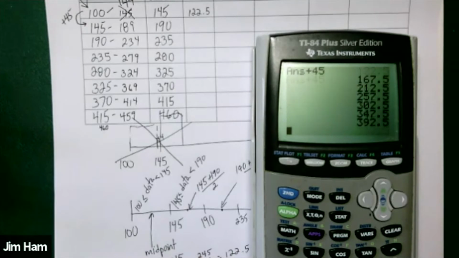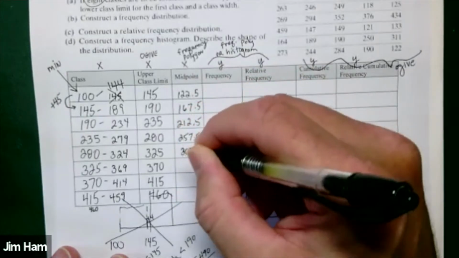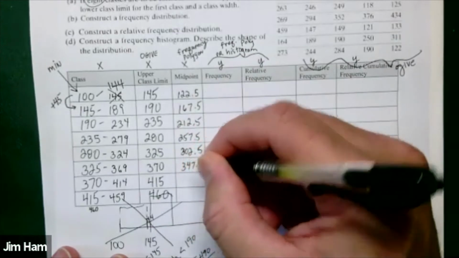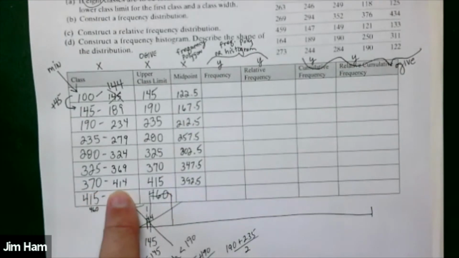And here they all are. So I'm going to enter those numbers into the midpoint column, and they would look like this. Just make sure as you're checking yourself that the midpoint does in fact fall in the class. So 392 is between 370 and 414, for example.